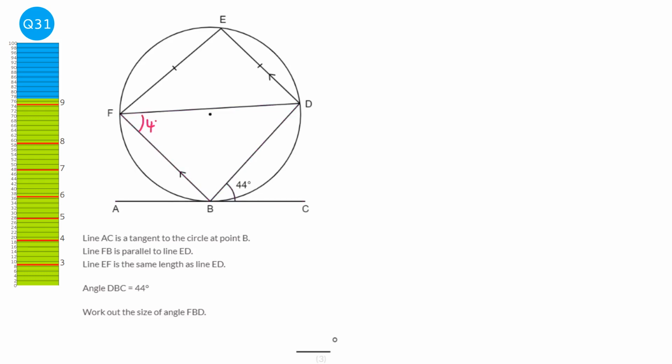And so this is going to be 44 degrees here. So angle BFD equals 44 degrees. And the reason you need to give is the alternate segment theorem. And you have to use those words, otherwise you won't get the marks.